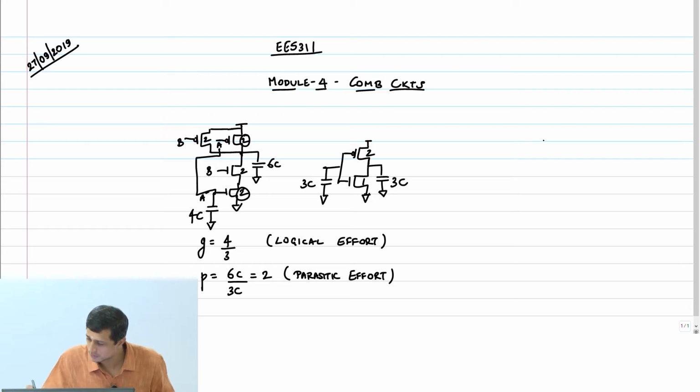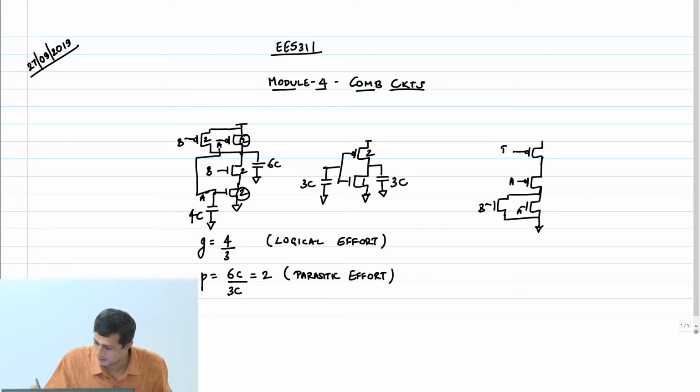So similarly, let's do one more, the NOR 2. Inputs A, B, this is VDD. Sizes are 1, 1, 4, 4.